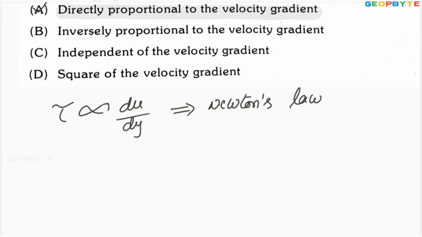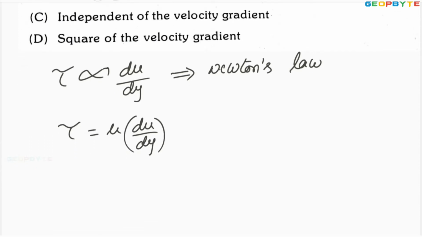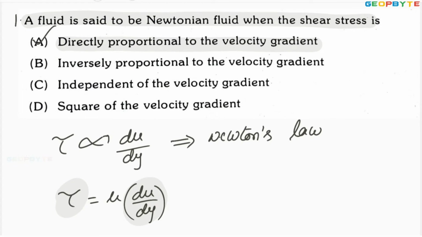Or it can also be written as tau equal to mu into du by dy, where mu is called coefficient of dynamic viscosity, tau is the shear stress, du by dy is called velocity gradient or the rate of shear strain. Anyhow, for Newtonian fluid, shear stress is proportional to velocity gradient or shear strain. Therefore, option A is absolutely correct.